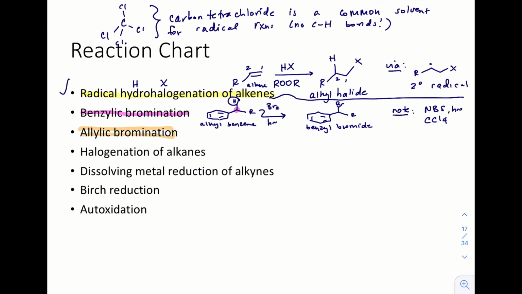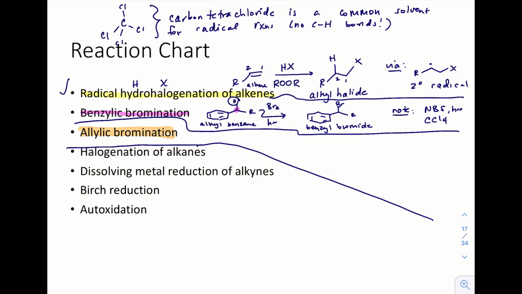Allylic bromination is quite similar to benzylic bromination in that it proceeds via an allyl radical that is stabilized by delocalization of the radical. The allylic position, an allylic CH, can undergo substitution to form an allyl bromide.